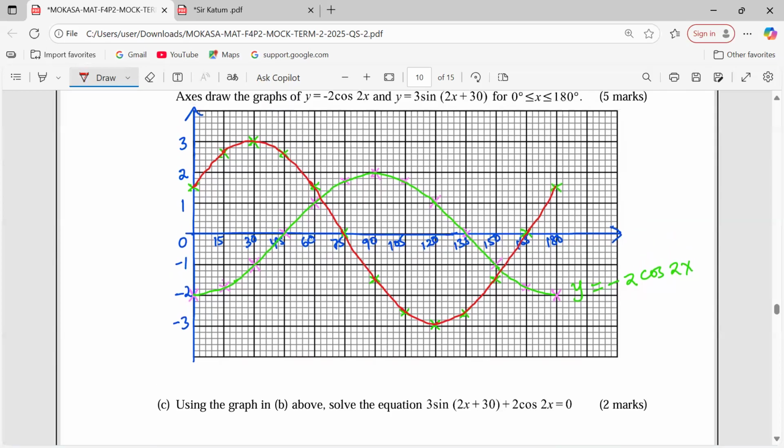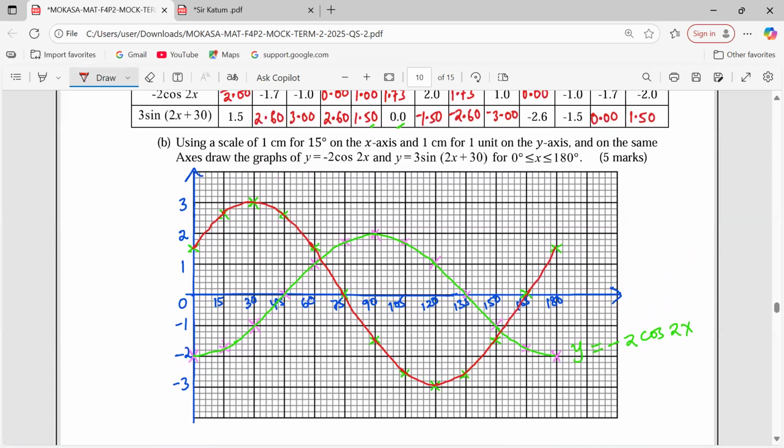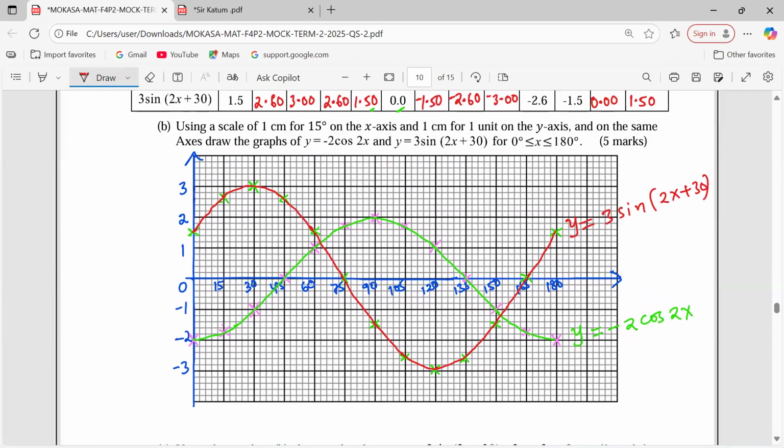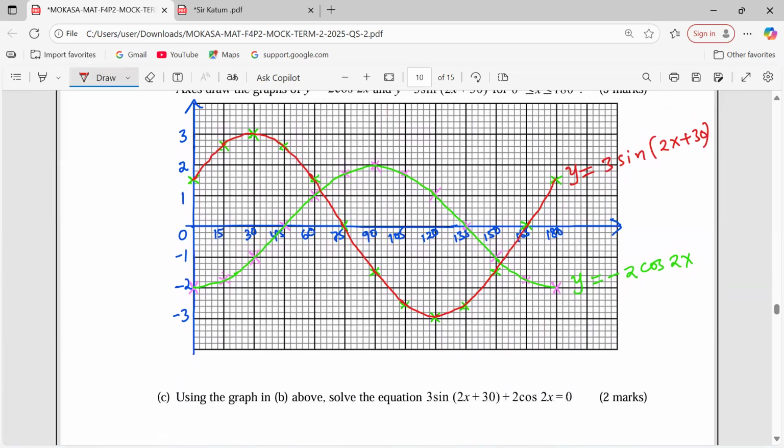So whenever you are coming up with a curve, ladies and gentlemen, I expect it to be this smooth. That is y equals 3 sine of (2x plus 30). That way, we have the first 7 marks properly plotted.